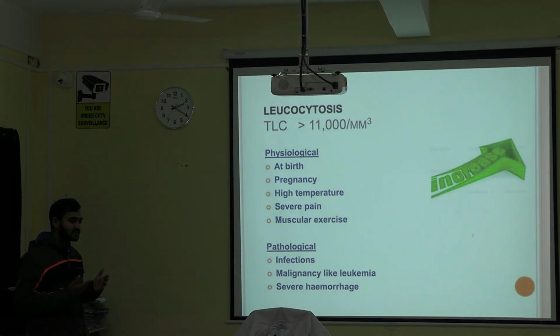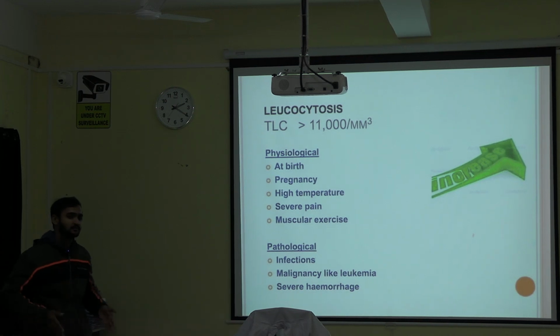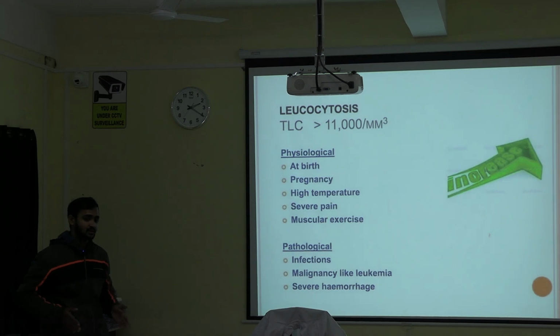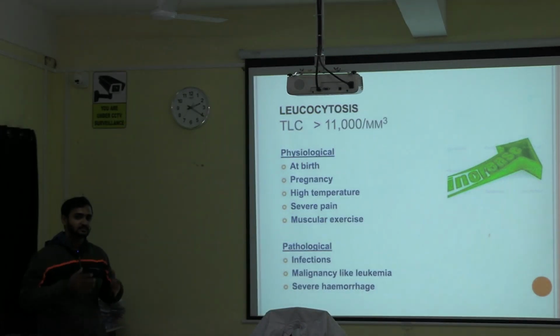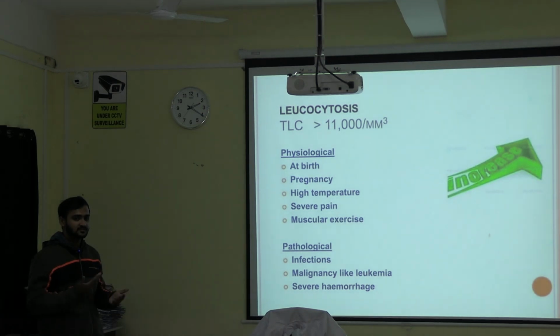This goes on a physiological basis. There is a mechanism: there is a marginal pool of leukocytes around the margins of the vessels. During exercise or in high temperature, the leukocytes shift towards the central main circulation. So this is the physiological basis.